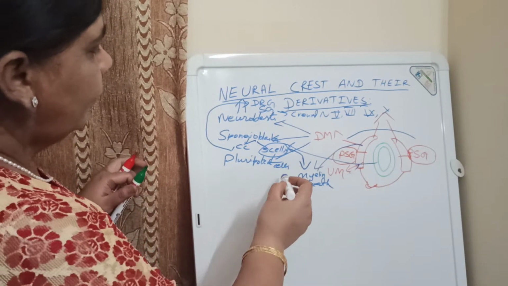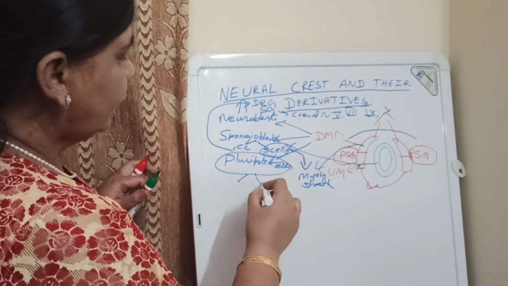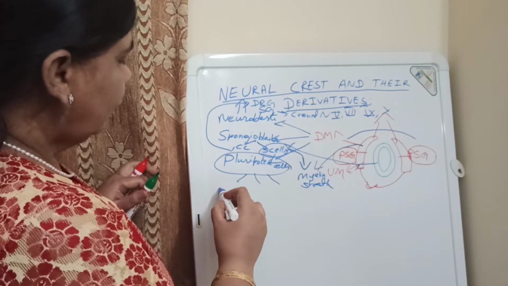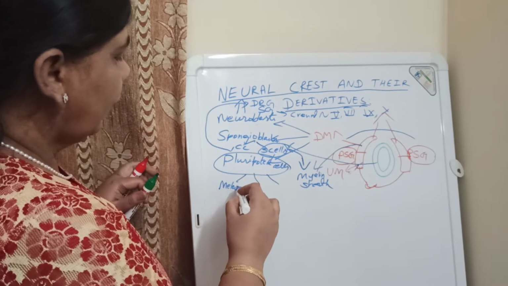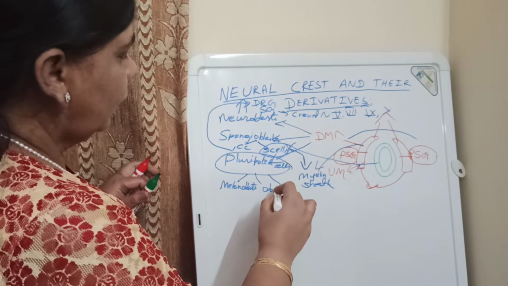So these pluripotent cells, if we see, it is very interesting. They give rise to varieties of cells. In the skin, they give rise to melanoblasts. In the tooth, they give rise to odontoblasts.